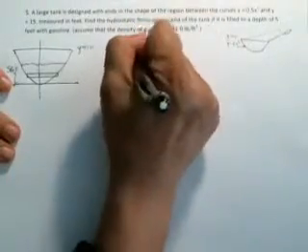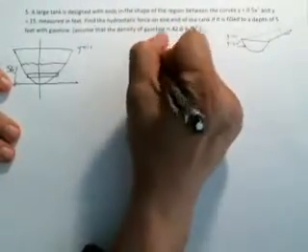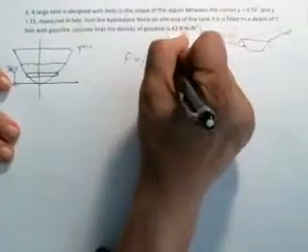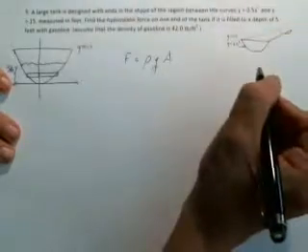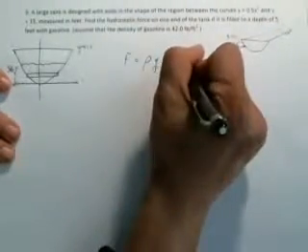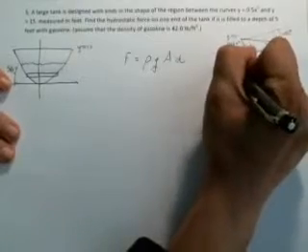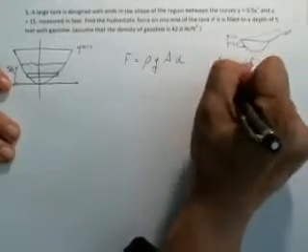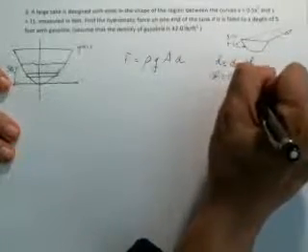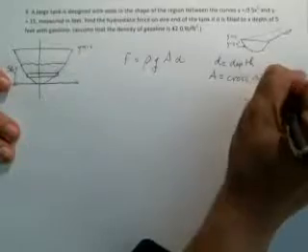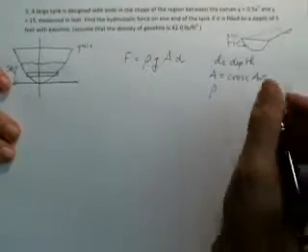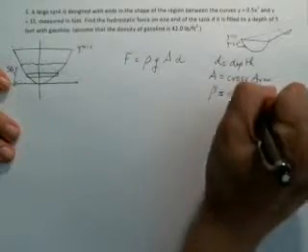So we know that the force is equal to rho, the density, times the gravity, times the cross-sectional area, times the depth, where D is defined as depth, A is equal to the cross-sectional area, and rho, which is the density of gasoline, is approximately 42.